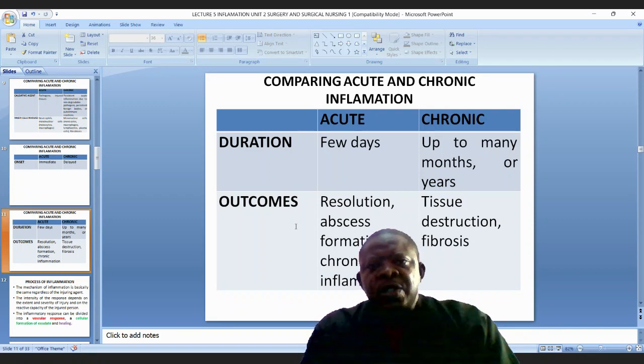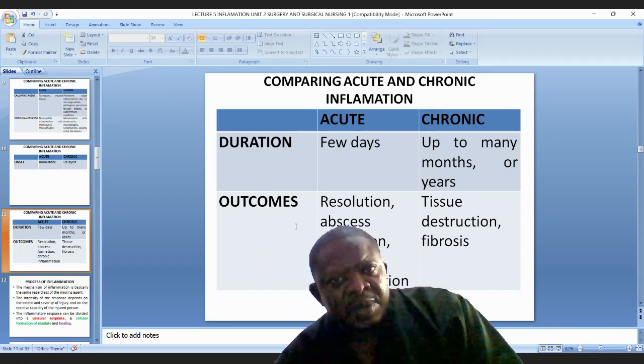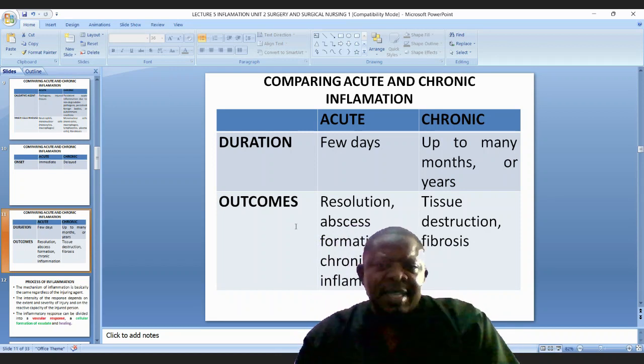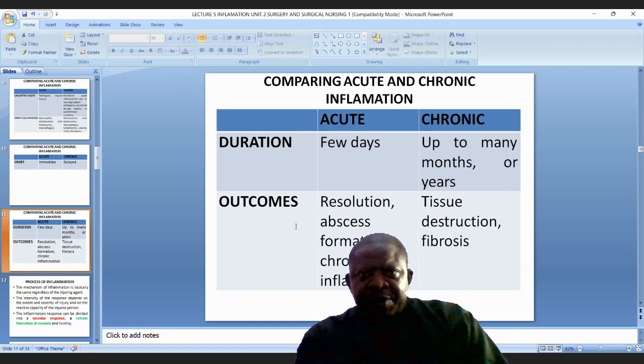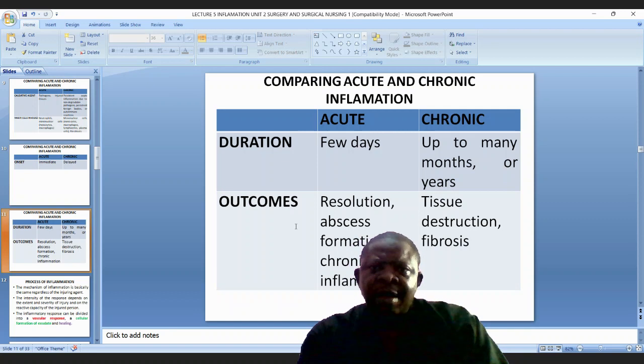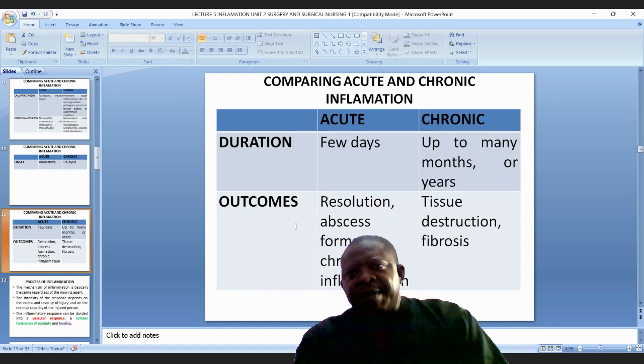So mostly when something comes in acute, we are seeing the inflammation manifesting almost immediately. So anything less than 2 weeks, anything less than 6 months, that stops and the patient gets healed completely. We are looking at that as acute. But something which will last more than 6 months, then that one can be looked at as chronic inflammation.